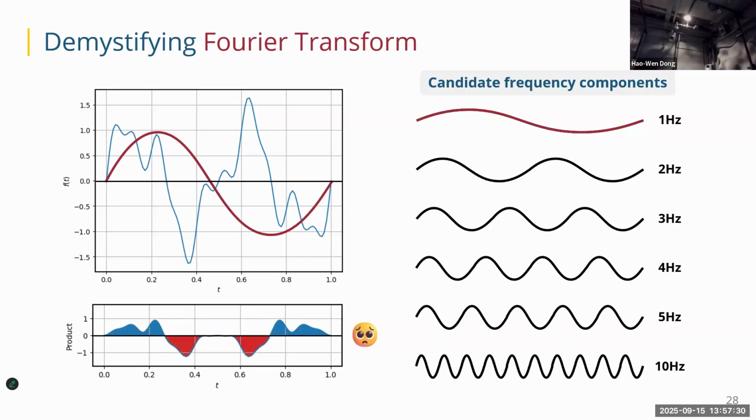So now what is going on in this plot is that for each single point, you take the number of the red one and the blue one, and you multiply them together. At the beginning, these are all positive because they are both positive. But between this part, one is positive, one is negative, so together they become this lower dip.